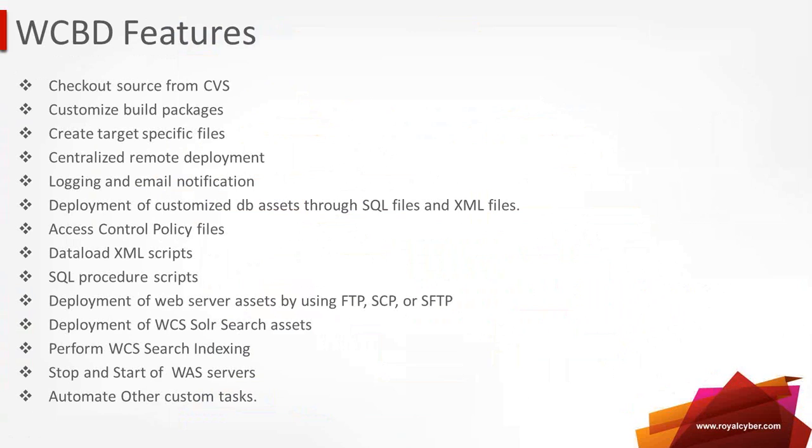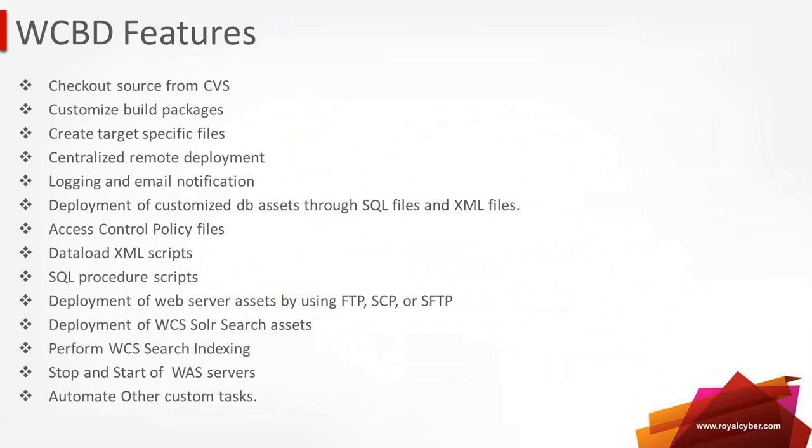This slide basically lists all the different high-level features which WCBD provides. It allows you to check out code from CVS. You can create customized build packages. Customization is in your CVS repository.